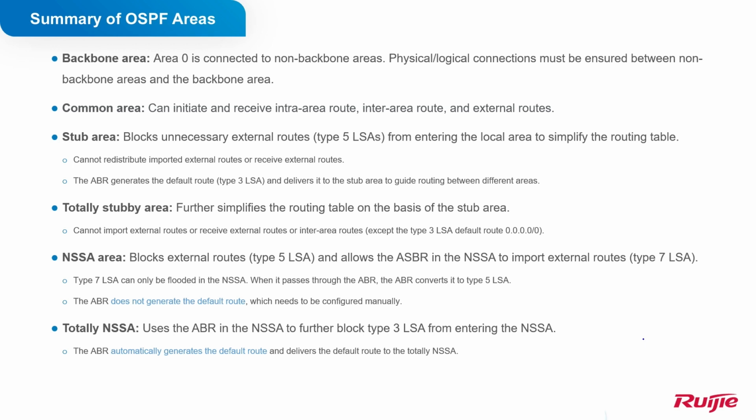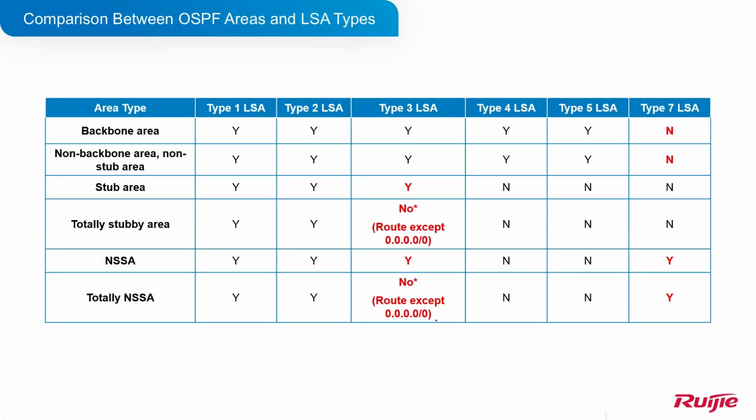Okay, so this is the summary of OSPF areas. And next, here is a comparison between OSPF areas and LSA types. For the different areas, we have the backbone area, non-backbone area, stub area, totally stub area, NSSA area, and totally NSSA area.